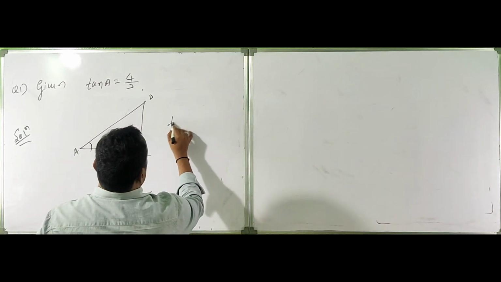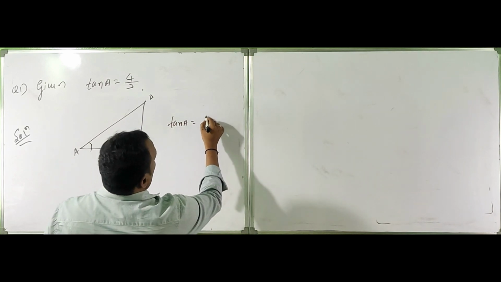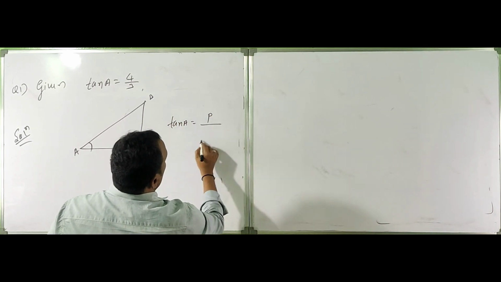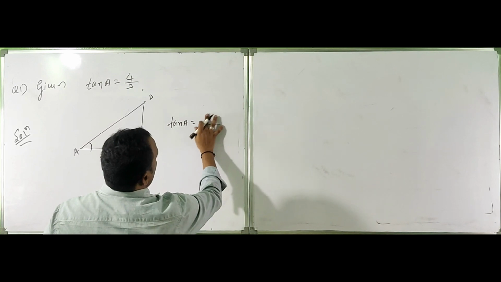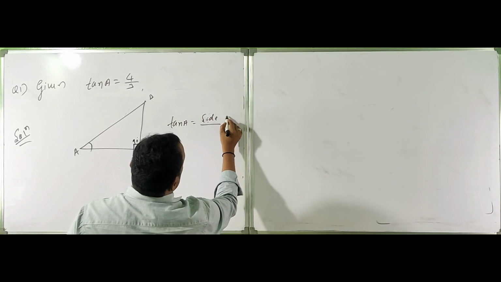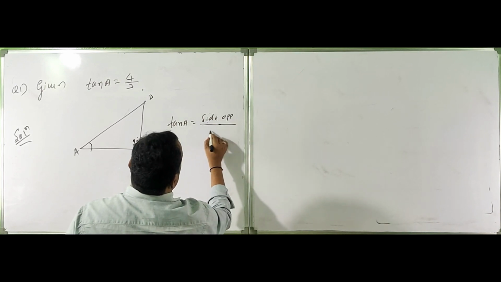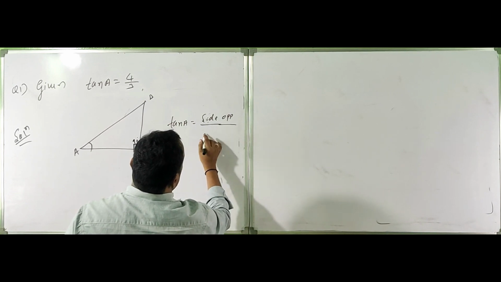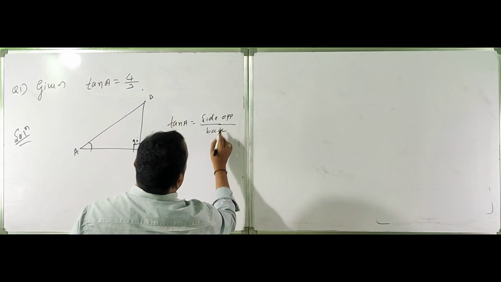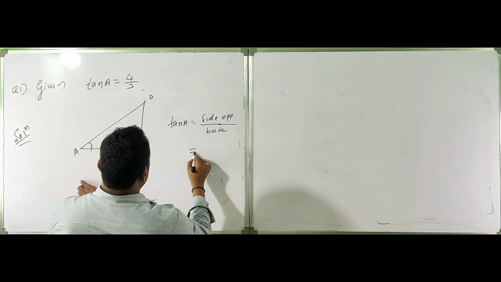What is the definition of tan A? Opposite side by adjacent side, the side adjacent to the angle. What is the opposite here?